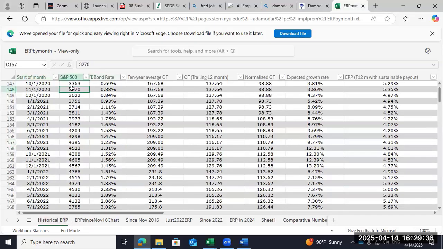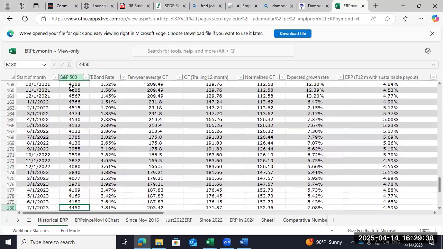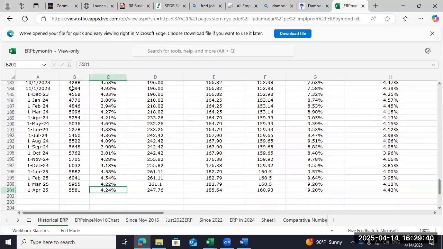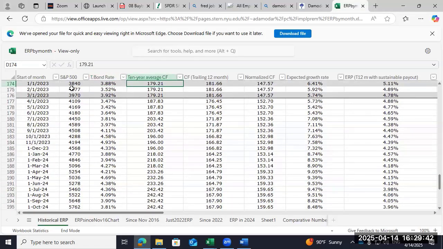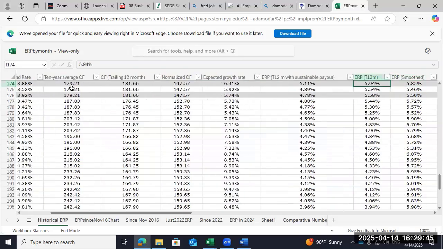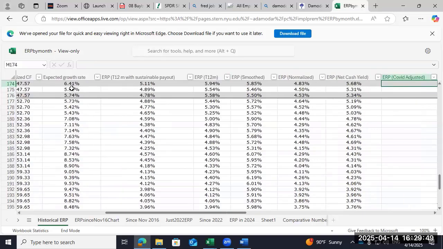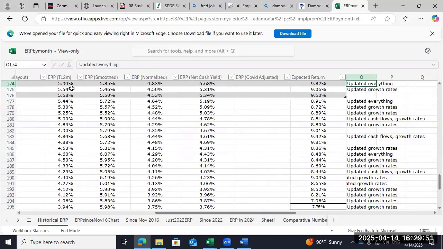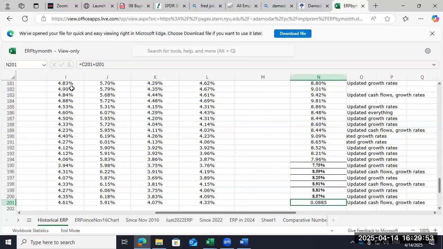Historical ERP. Yeah, he's doing very similar to what we're doing, very similar process. There's his expected return. He's using 8.85. That's at that other upper edge of what I was talking about. I said 6 to 9.